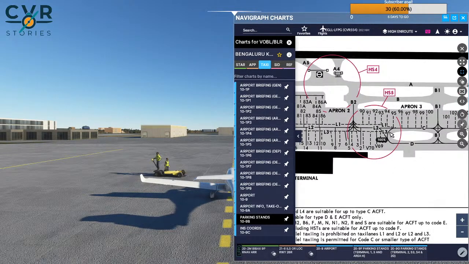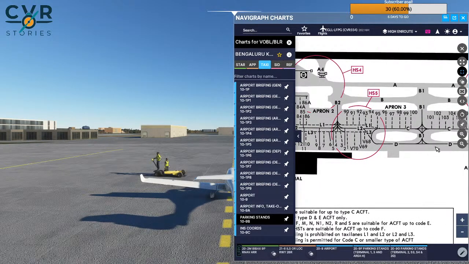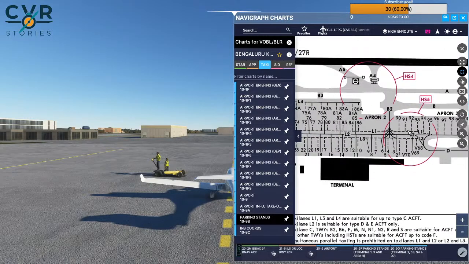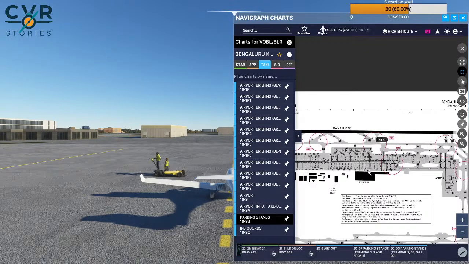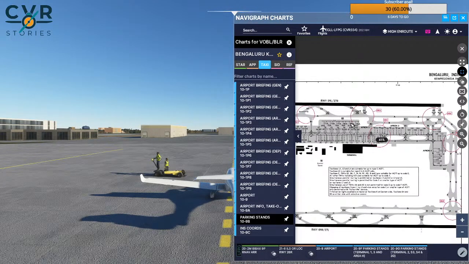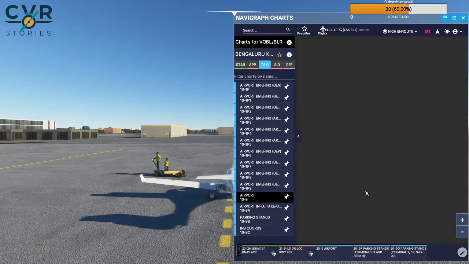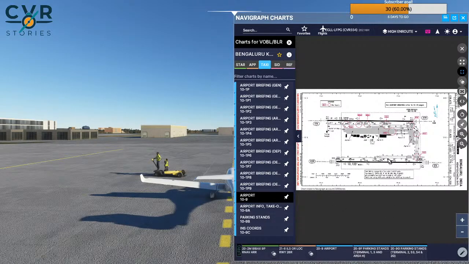You can see over here for Lima 1, the connection is actually not through this location. So if you had to go Lima 1, the ATC would tell you Delta, Bravo 1, Charlie, Lima 1, and then you take your further taxi. And this is how you follow taxi instructions as provided to you by the air traffic control.